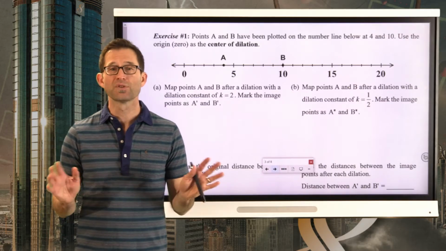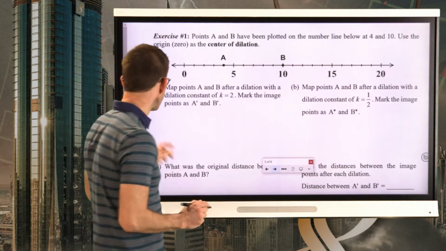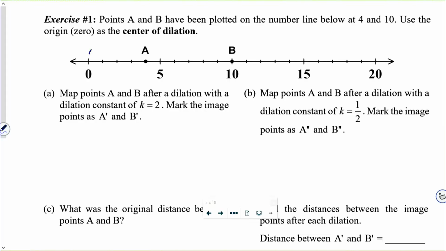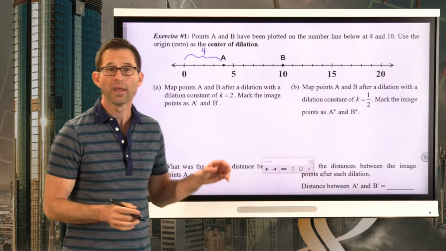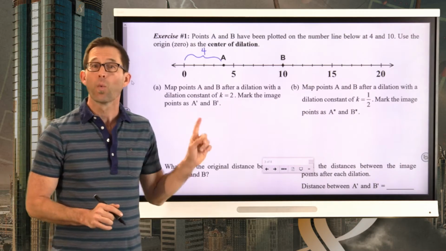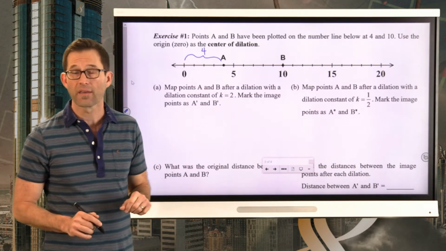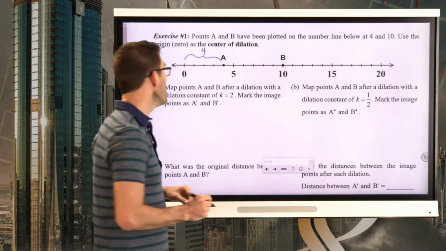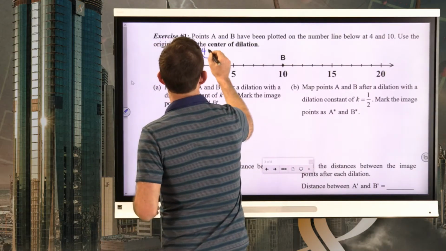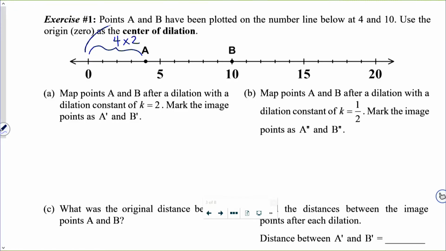All right, so this is how simple dilations are. Here we've got point A, which is 4 units away from the center of dilation. The center of dilation is the origin, 0. We have a constant of k equals 2, so the image point should now be times 2, which is 8 units away from the origin.